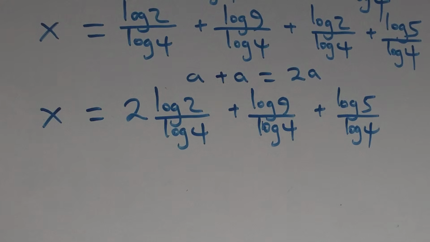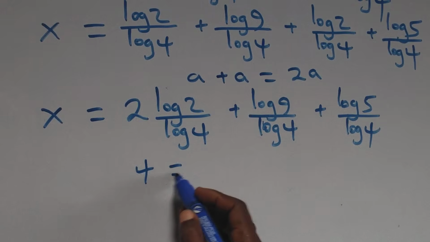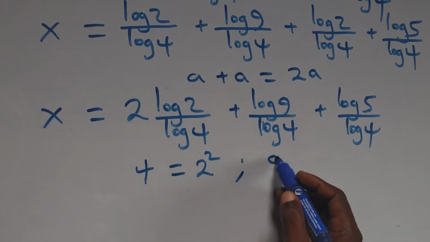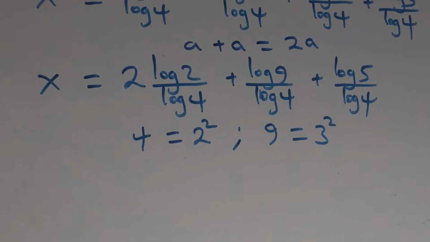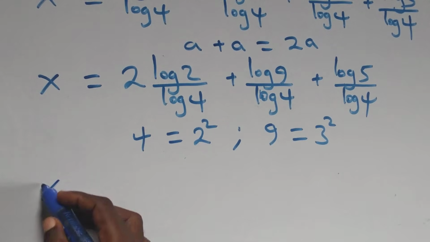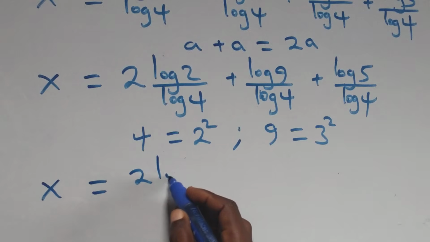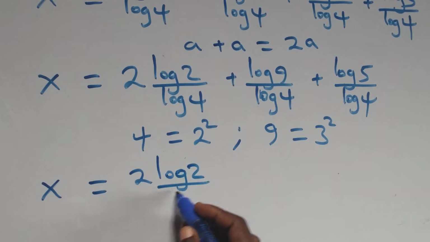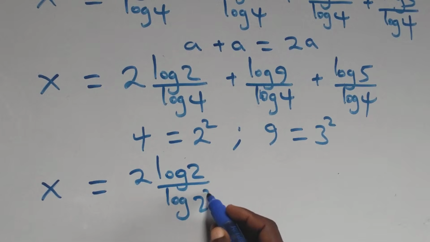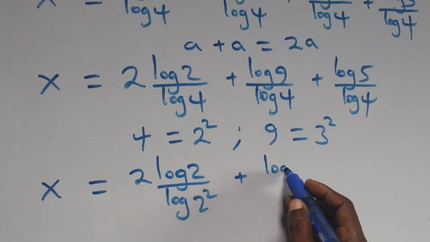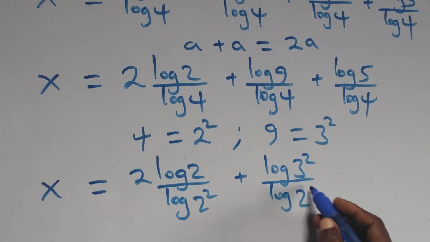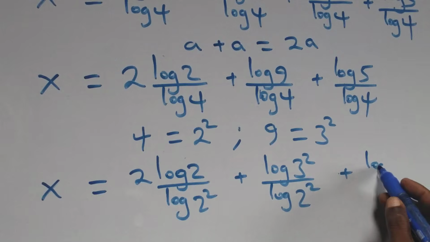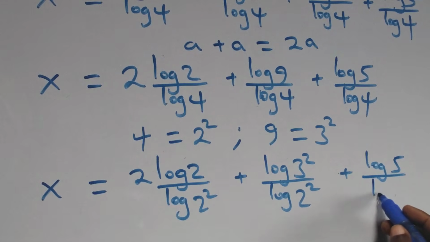Then next step here, let's write 4 as 2 square, also 9 as 3 square. Then what we have here becomes x equals 2 log 2 over log 2 square plus log 3 square over log 2 squared plus log 5 over log 2 squared.